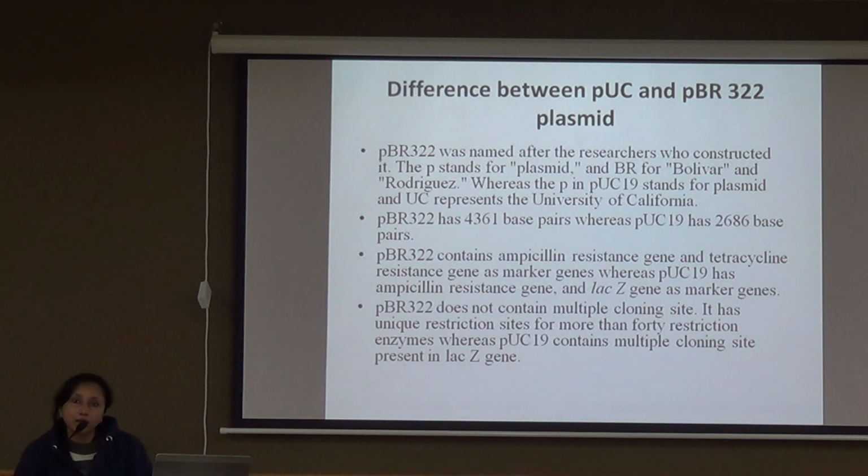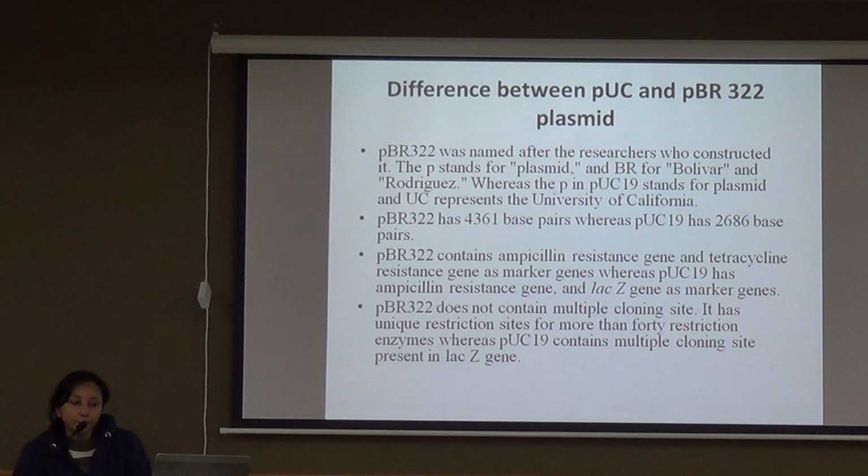The selectable markers which are used are ampicillin resistance and tetracycline resistance. These two are antibiotic resistance genes which are incorporated inside the vector to give it special properties. What special properties? Of having resistance against ampicillin antibiotic and tetracycline antibiotic.